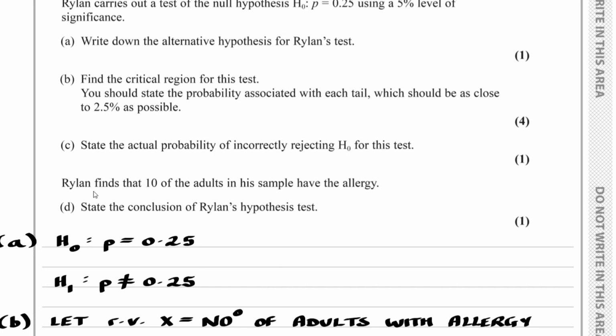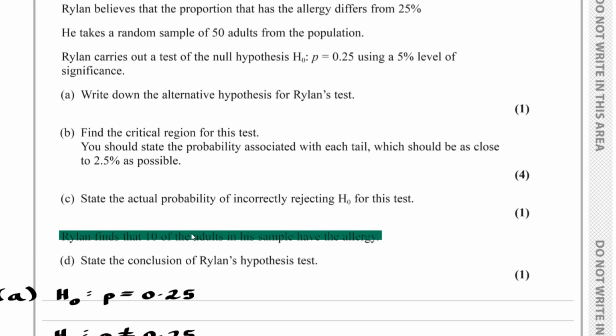Part D. Ryland finds that 10 of the adults in his sample have the allergy. We have to state the conclusion of Ryland's hypothesis test. So we know that we have 10 of the adults in the sample having the allergy.